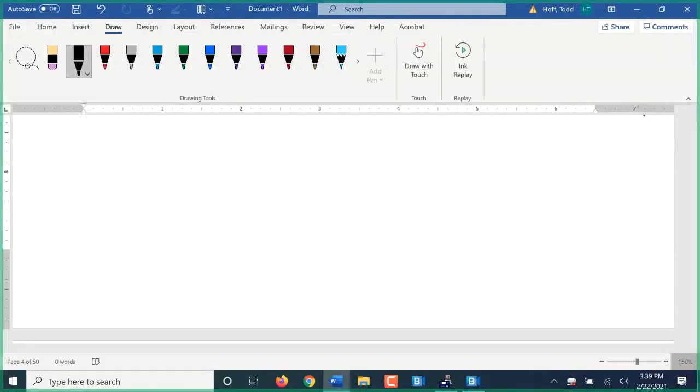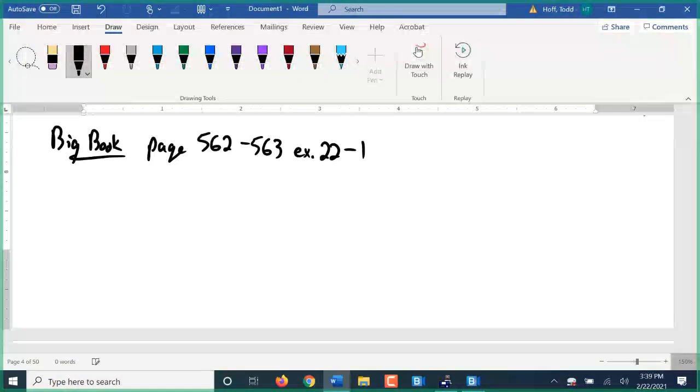Okay, so what I'm going to do, I'll have you work on stuff for just a few minutes, and I'm going to pass something out for you. In your big book, page 562, 563, exercise 22-1. 7 through 10 is just going to be identifying some parts.